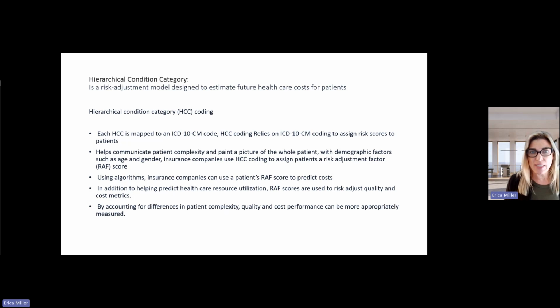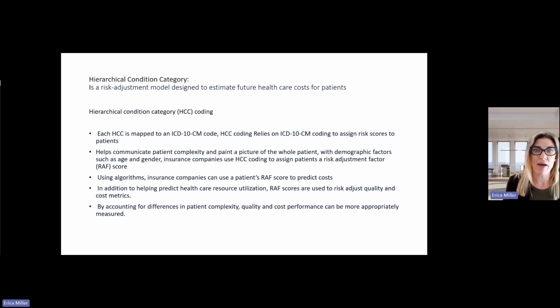So these HCCs help communicate the patient's condition or the complexity of their conditions. It paints a clearer picture of the whole patient. This includes demographic factors such as age and gender. So these insurance companies, the ones that manage that Advantage plan, that Part C, use these to assign patient risk adjustment factor scores.